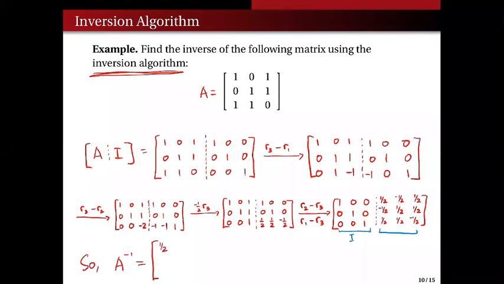So you have 1 half, negative 1 half, 1 half, negative 1 half, 1 half, 1 half, 1 half, 1 half, negative 1 half.